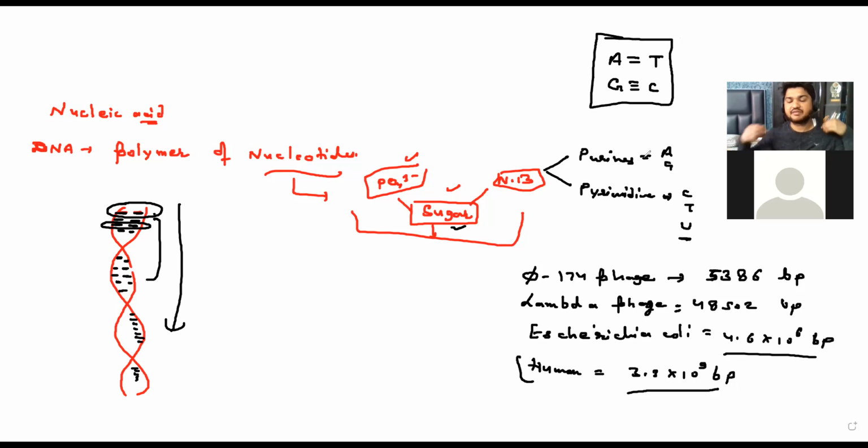When I talk about the mRNA, this T will be replaced by U, because in the mRNA there is no T, but there is U. So how many purines do we have? Adenine and guanine. And the pyrimidines are cytosine, thymine, and uracil, right?